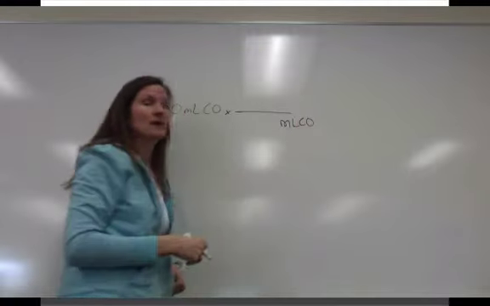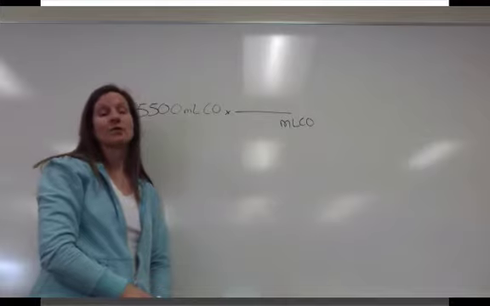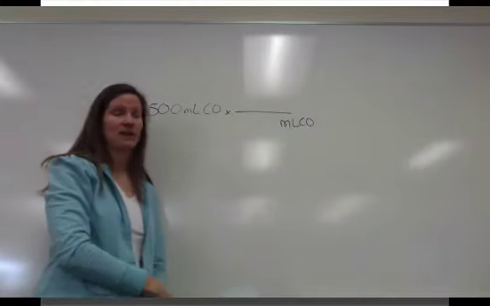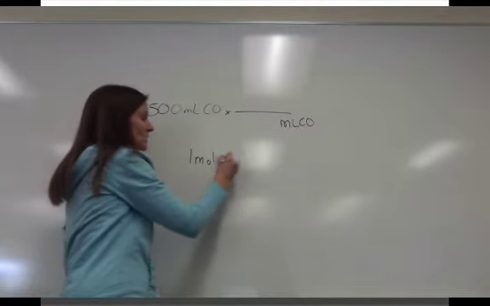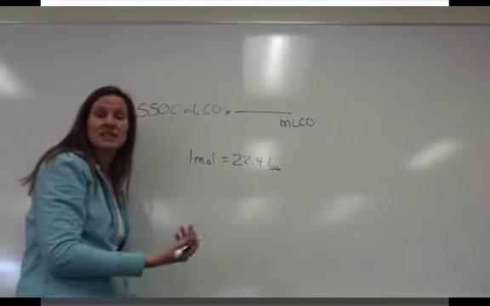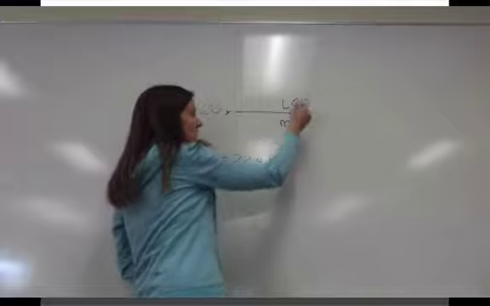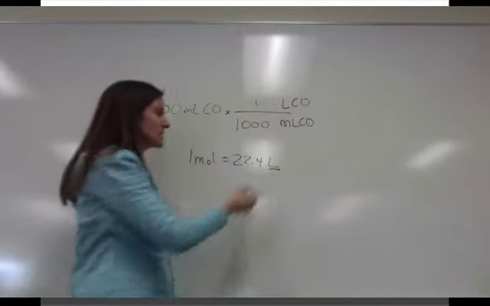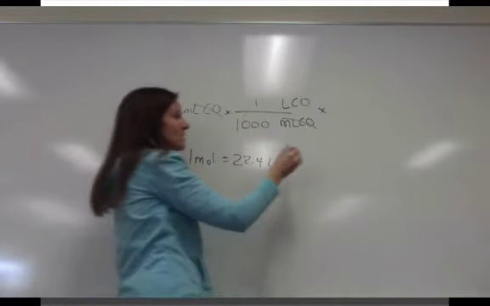And now this is going to be a multi-step conversion. The reason is, if we're trying to get to the mole, we don't have a relationship of mole to milliliter. We have a relationship of 1 mole equaling 22.4 liters. So we need to get this to liters first, which you can do using conversion factors. For every 1 liter, I have 1,000 milliliters. So those cancel.